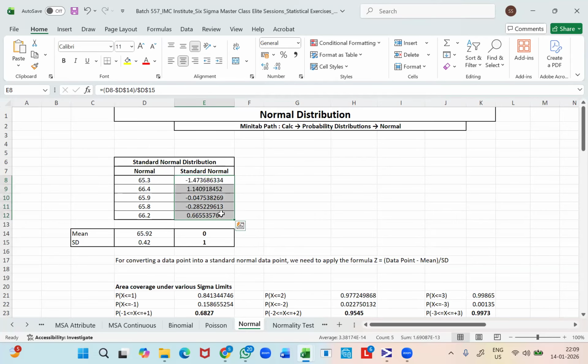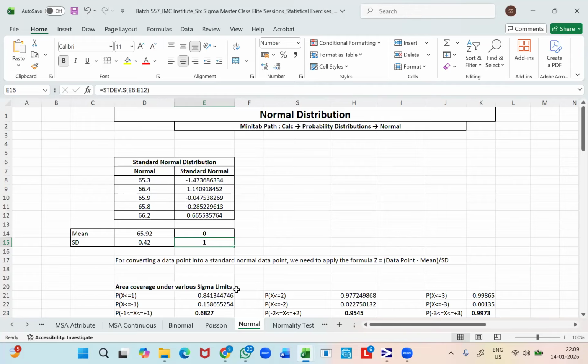And for this standard normal data set, the mean will always be equal to 0 and standard deviation will always be equal to 1. This is an important property of the standard normal distribution, so that is why we are touching base on this. For a standard normal distribution, the mean will always be equal to 0 and the standard deviation will always be equal to 1, right?